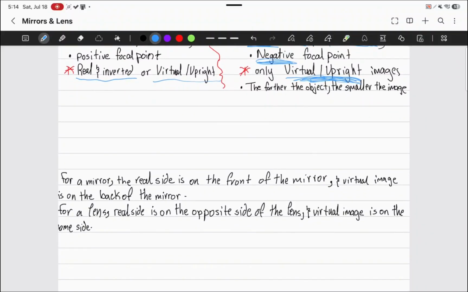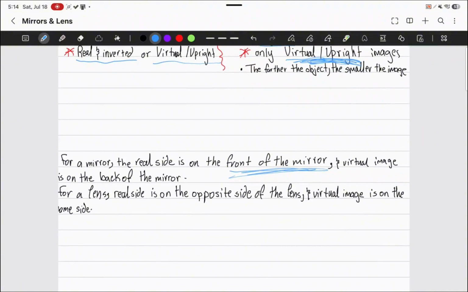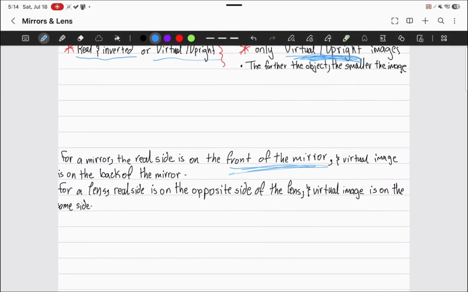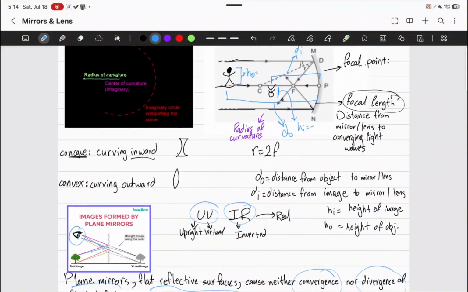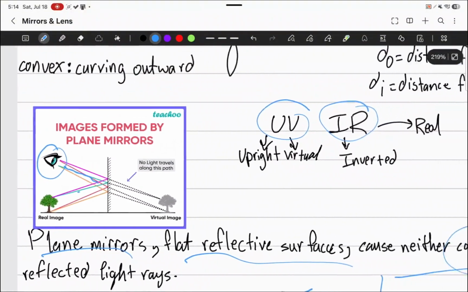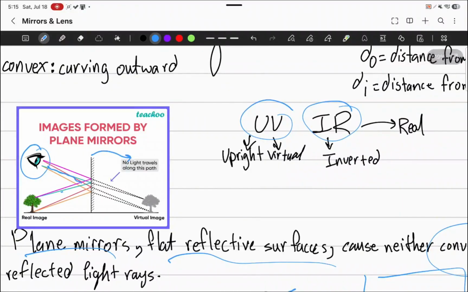So for the mirror, the real side is on the front of the mirror, and the virtual image is on the back of the mirror. And a great example of this is when you look at this example. After the mirror, this counts as a virtual image.